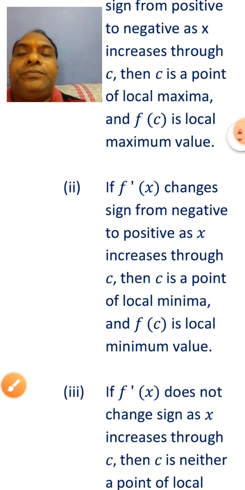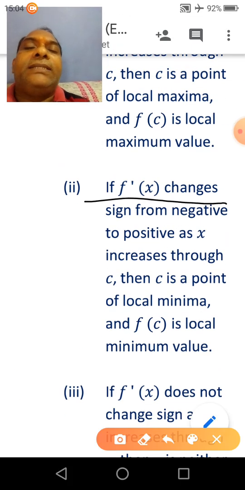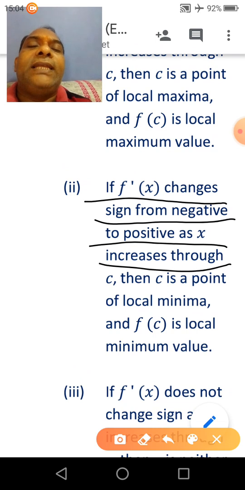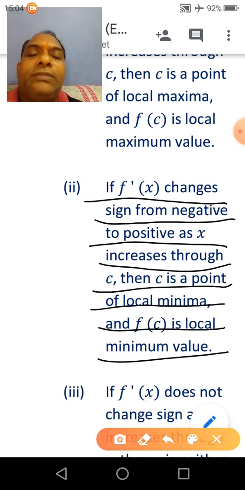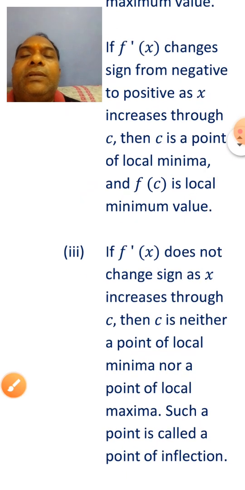If f'(x) changes sign from negative to positive as x increases through c, then c is a point of local minima and f(c) is the local minimum value.